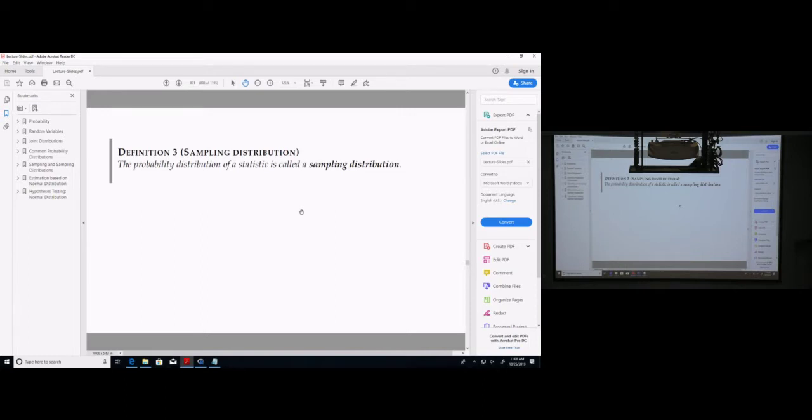The probability distribution of a statistic is called a sampling distribution. All right, sample mean. So this is the one that we use. Now, let me repeat our notations. We use uppercase to denote random variables, values that you haven't observed yet, but indicate this is the first value you are going to see, and this is the last value you are going to see, all right?